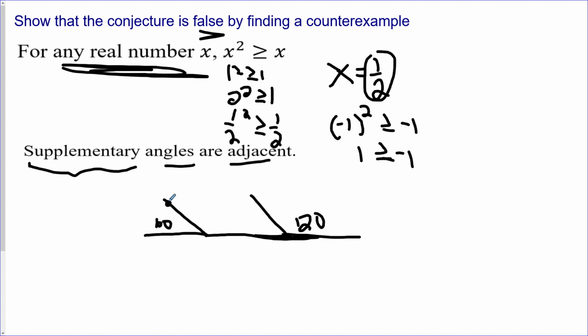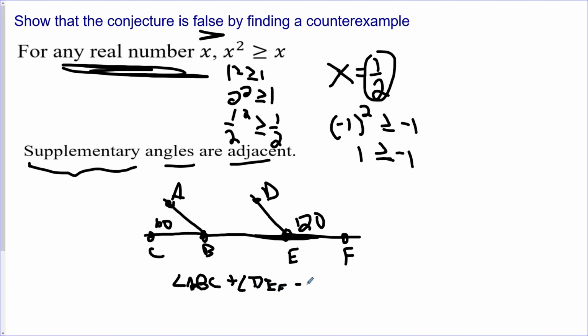And of course with angles we should probably give them some names, like A, B, C, D, E, F. What if we were to take angle ABC and add to it angle DEF? What do we get? We should get 180 degrees.